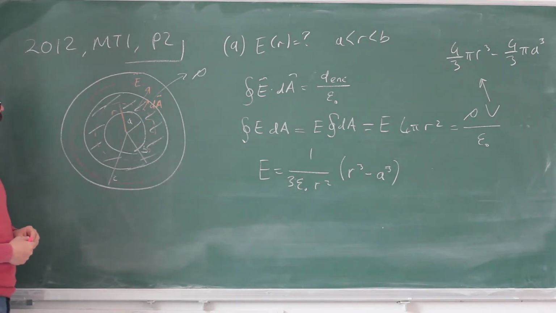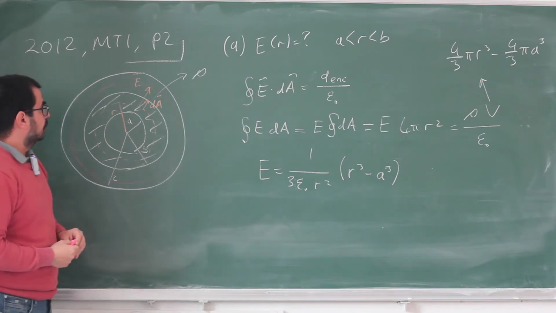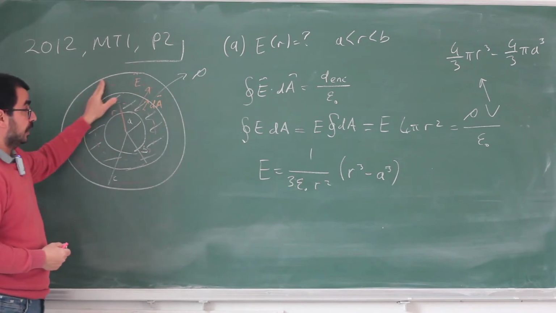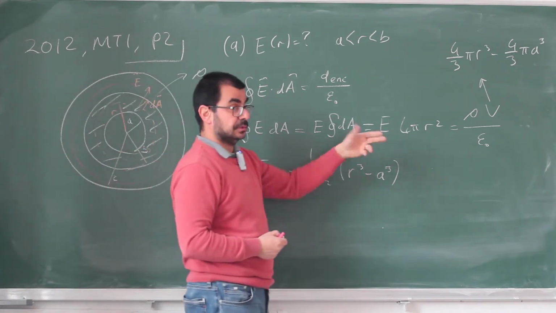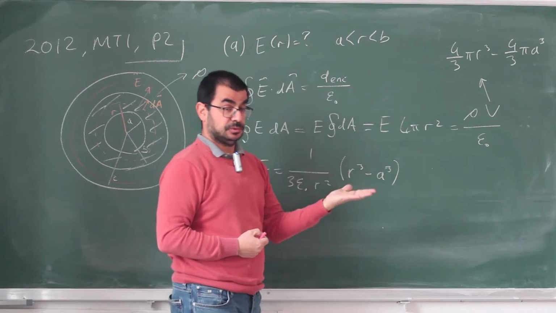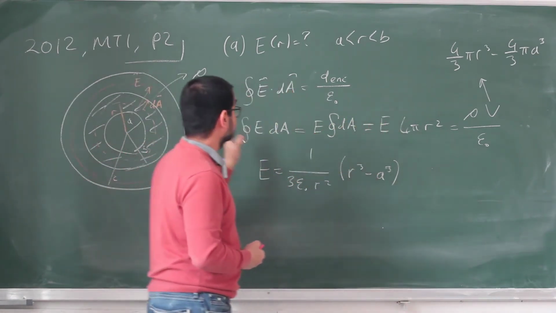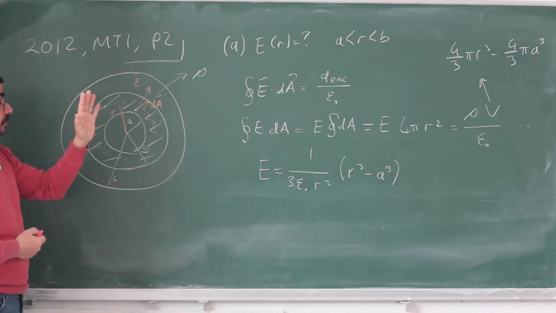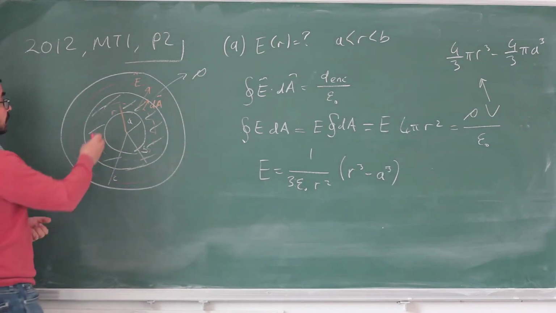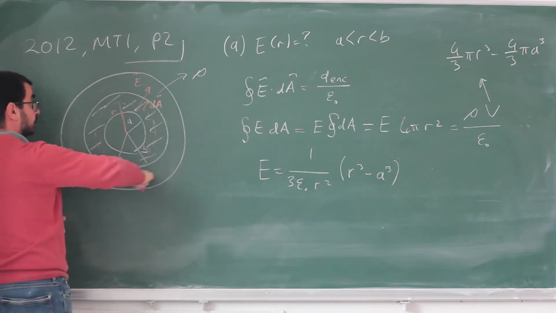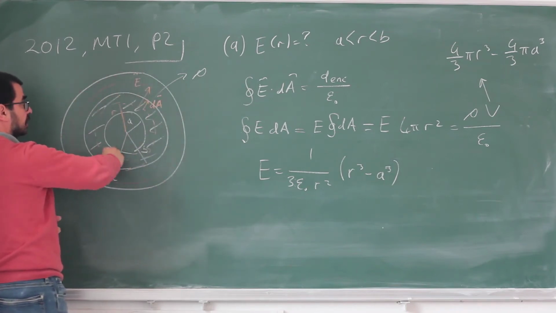If I'm drawing my Gaussian surface through the conductor this way, the electric field has to be 0. Inside the conductor, there is no electric field. So the left-hand side of this is 0. Now what about the right-hand side? The right-hand side contains the enclosed charge. This is going to be my Gaussian surface, and it includes the charge in the insulator.